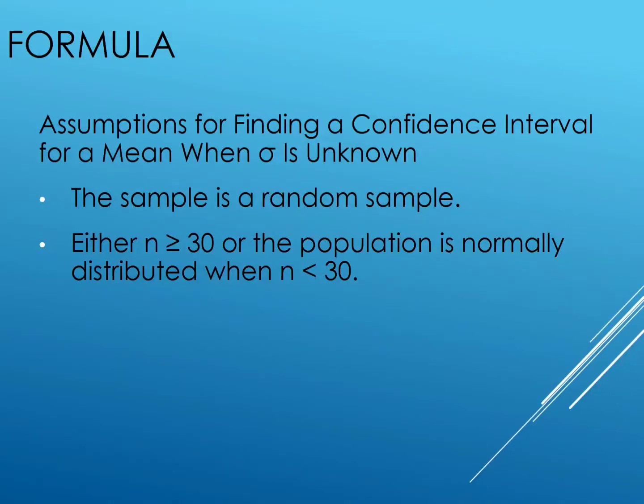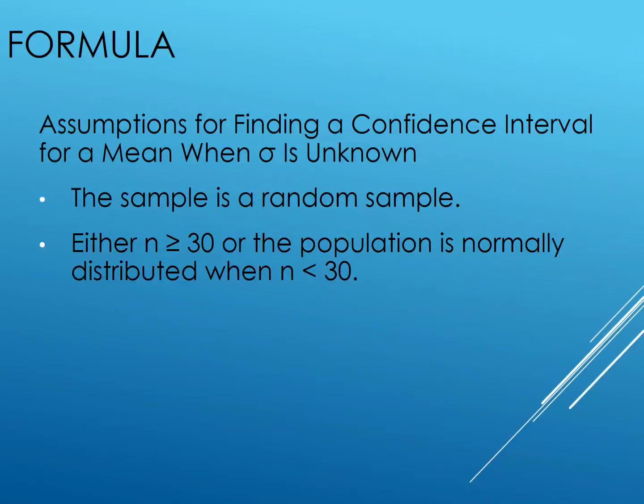So first things first, the assumptions for finding confidence intervals for a mean when sigma is unknown. The standard deviation of the population is unknown. However, we are going to know the standard deviation of our sample. The sample is a random sample, so it's always going to have to be random.